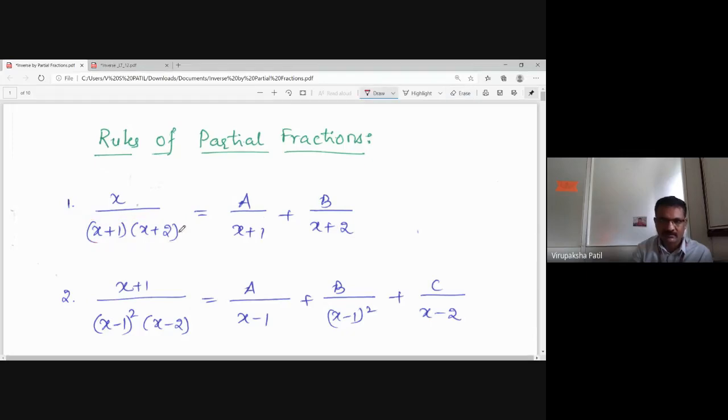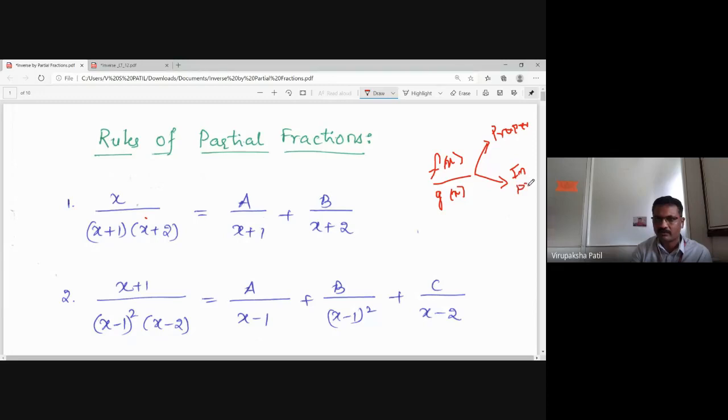First thing, we need to check if it is of the form f of x divided by g of x. This fraction, you can call it a proper fraction. I think you remember this proper fraction. And another one is improper fraction.